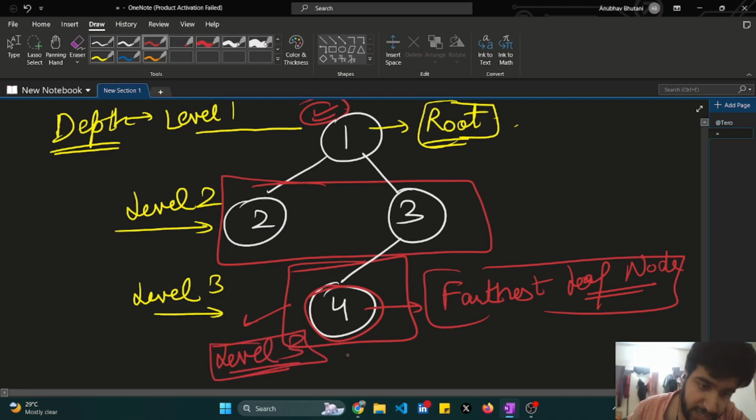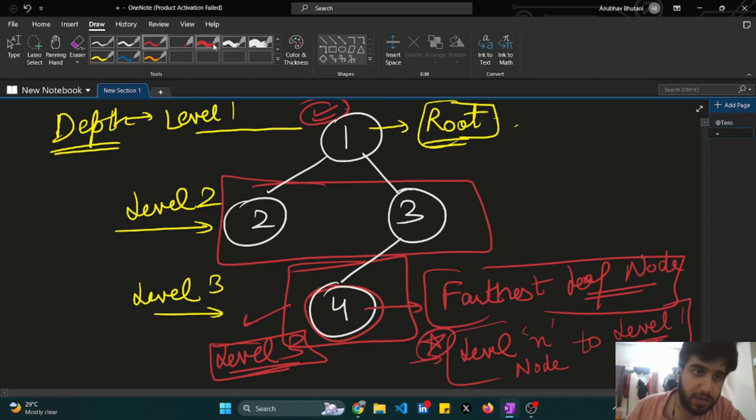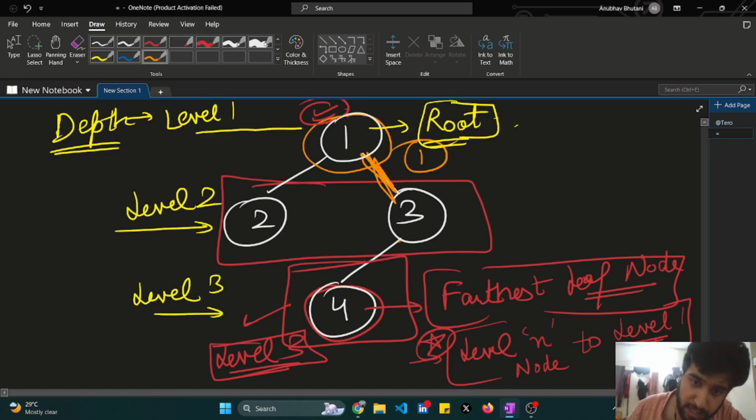So if I tell you in some terms, basically you have to find the distance from the level n node to the level 1 node. This is the distance that you want to find. What will be the distance in this case? If I start traversing from the first node, this is the first branch that I come across, so 1, and this is the second branch that I come across, so 2.